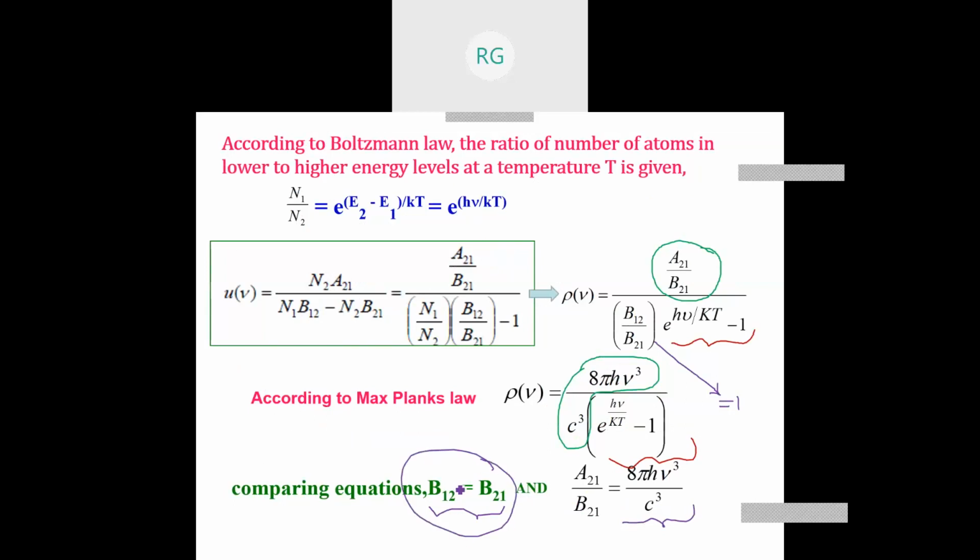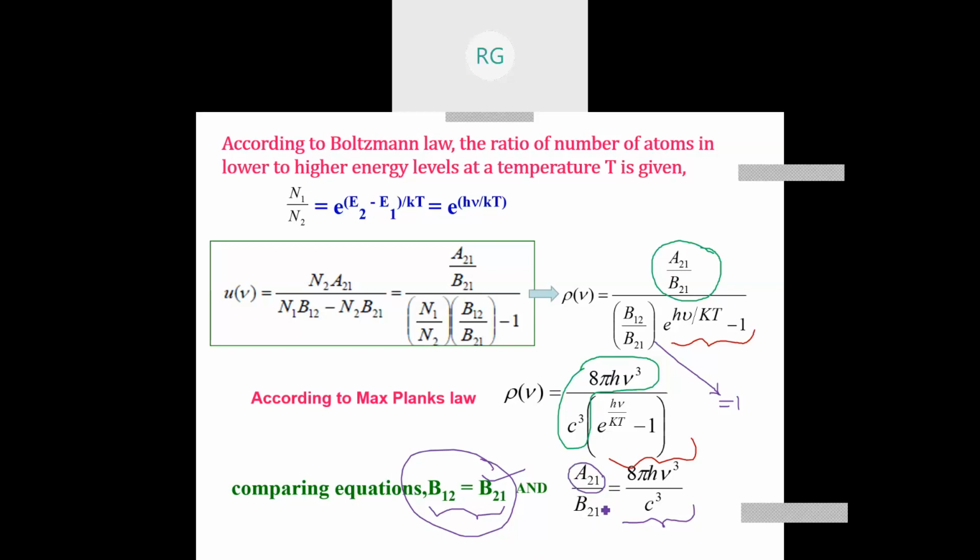B21 is due to the transition from higher level to lower level, and A21 is also the transition from higher level to lower level.